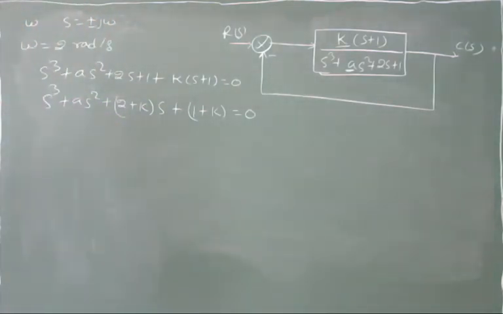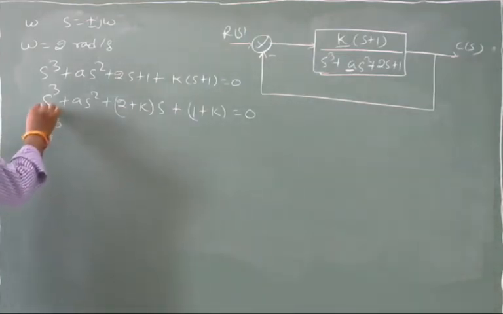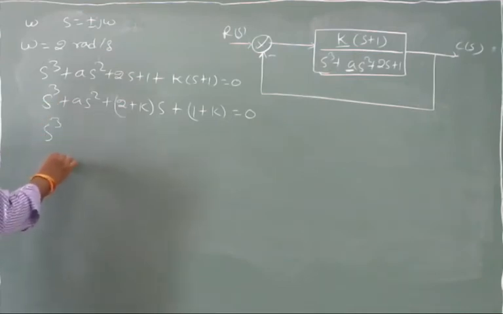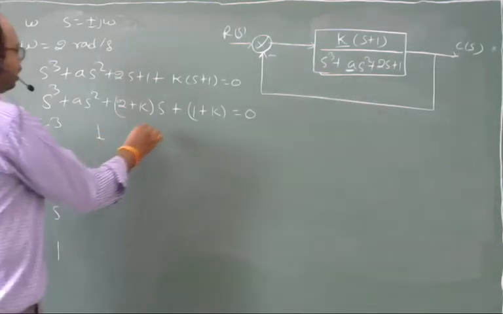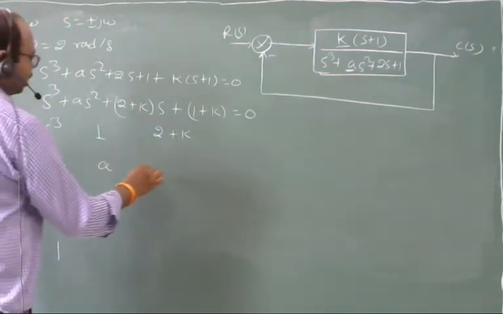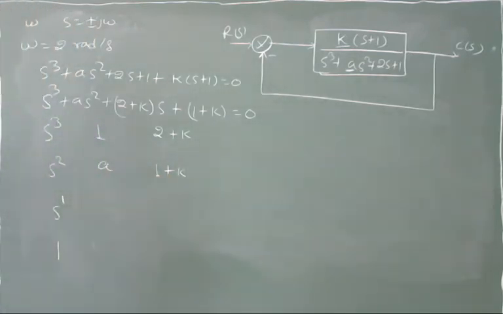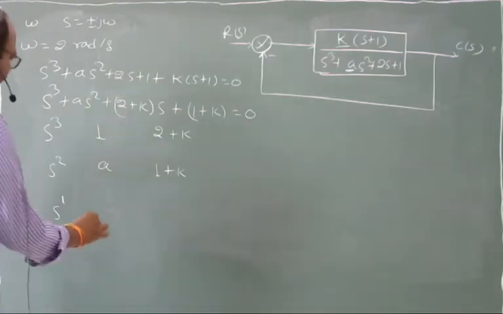Now for s cube, s square, s1, s0, the coefficients are 1, 2 plus k, a, 1 plus k.